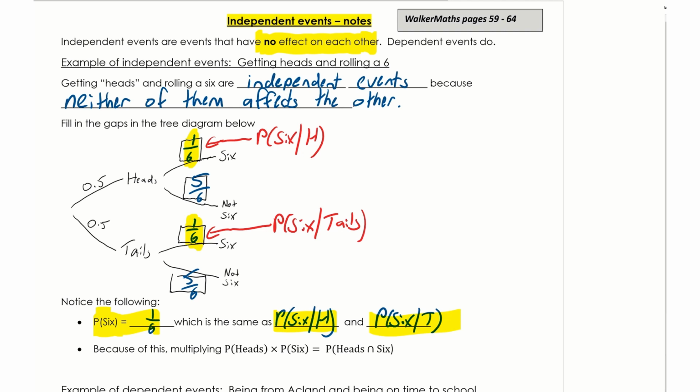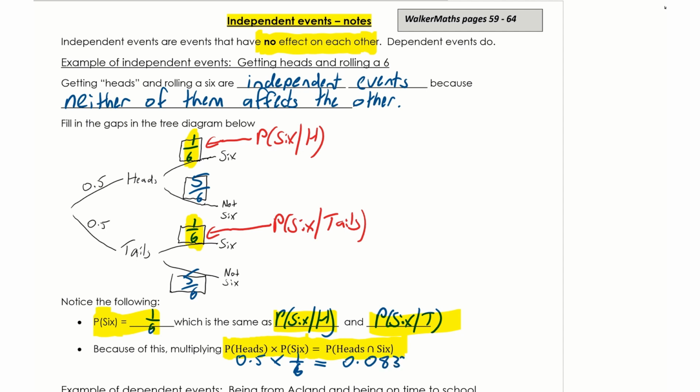Now, another way you can show it, which we'll come back to later, is if you multiply the probability of each of the events, you should get the probability of them both happening. And in this case, the probability you get heads times the probability you get a 6 is going to give you the probability of getting heads and a 6.